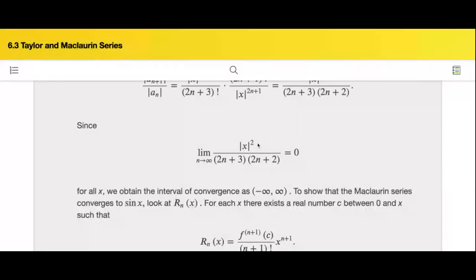The limit of 1 over (2n+3)(2n+2) goes to 0. So the conclusion is that any real number works for x. That's why the interval of convergence is all real numbers.